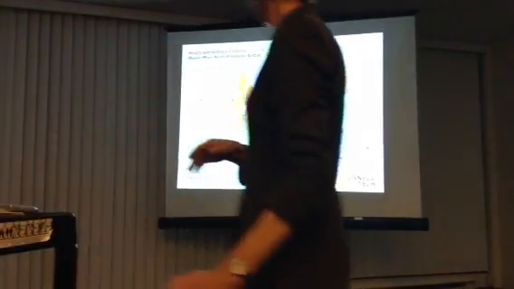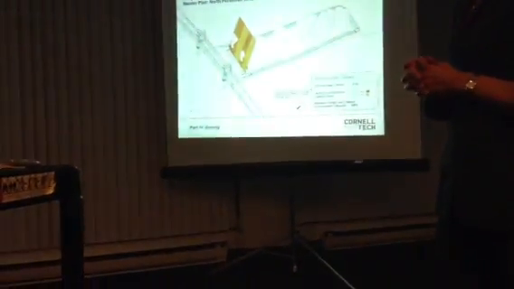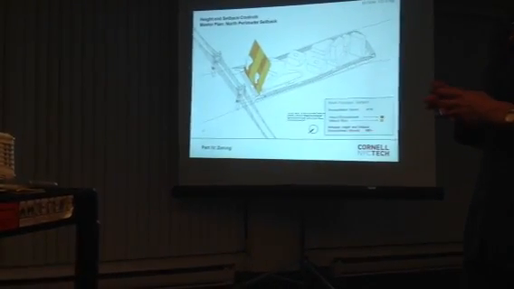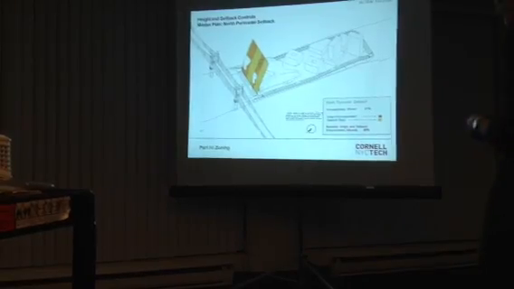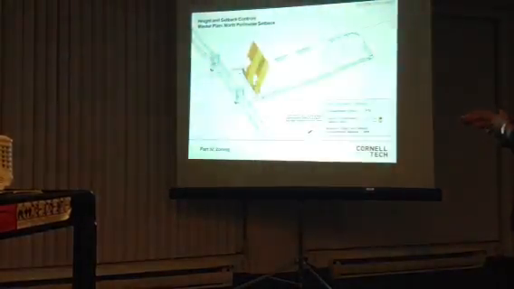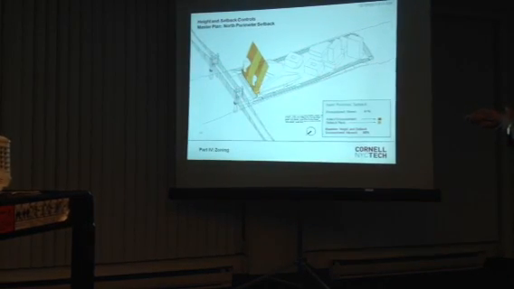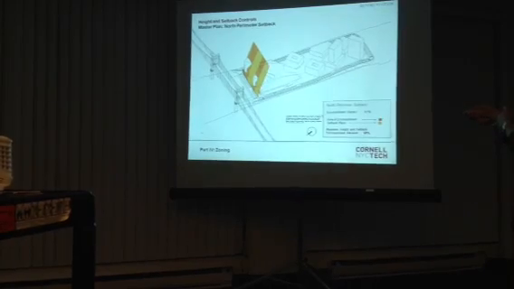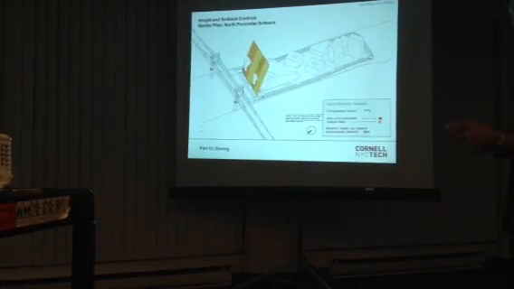And again, diagrammatically, we have a control on the northern portion that no more than 65% of the buildings can be moved outside of the sky exposure plane. And this diagram here is showing how the sky exposure plane concept works. So you've got a street wall, you've got a setback, then development would fit within that.